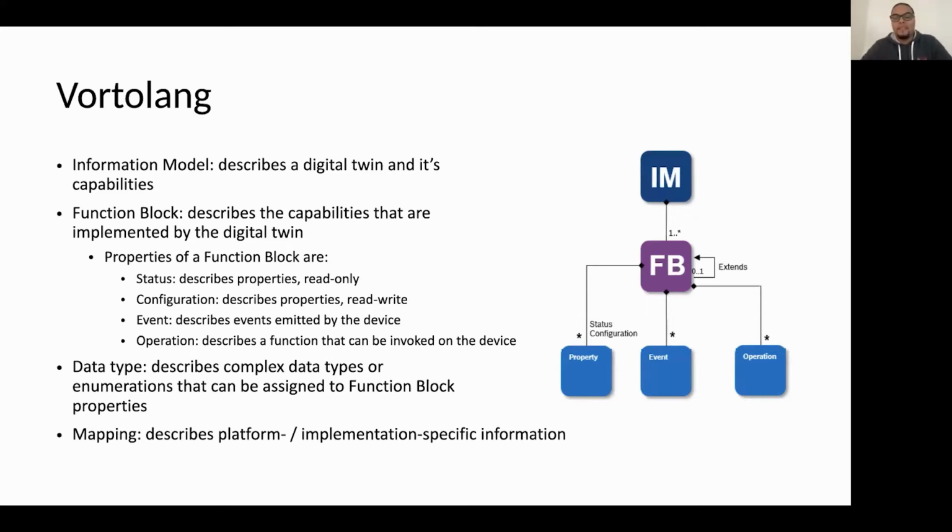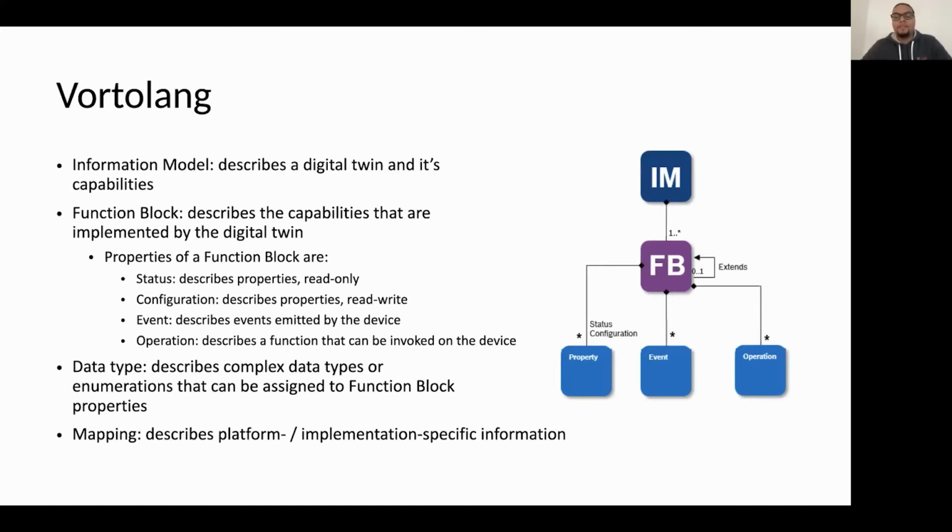The next type in the Vorto language is the data type. This can be used to describe complex data types or enumerations that can then be assigned to function block properties. And the final component of the Vortolang is the mapping. The mapping can be used to describe platform and implementation specific information.